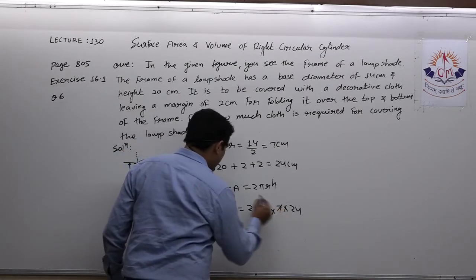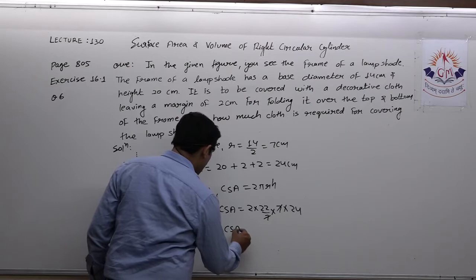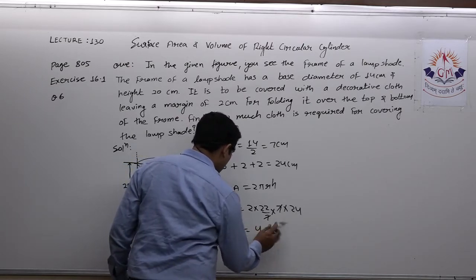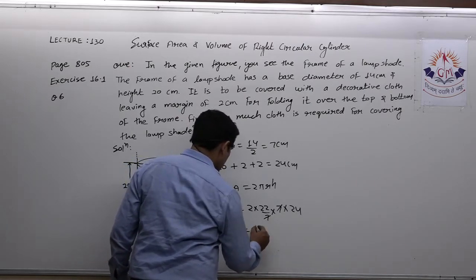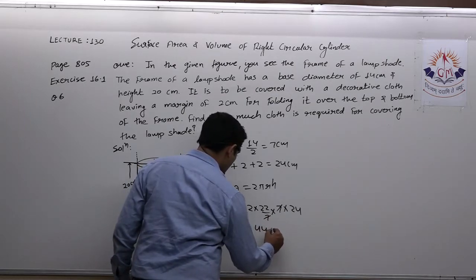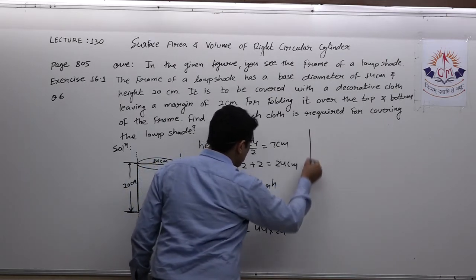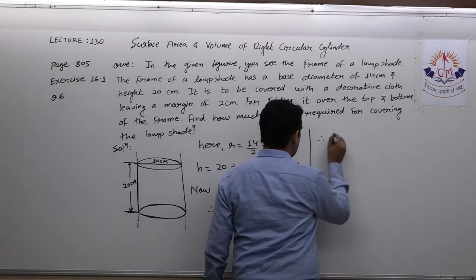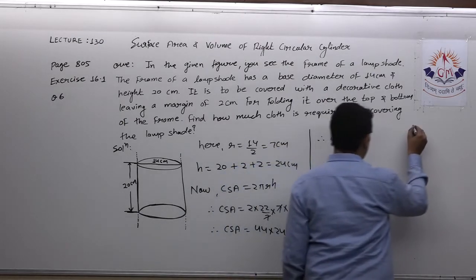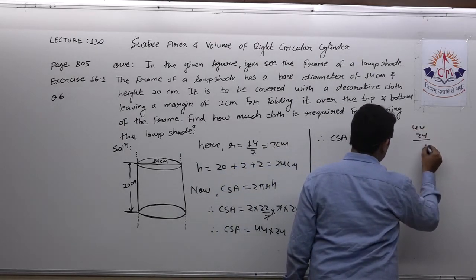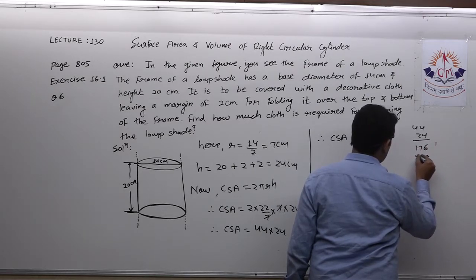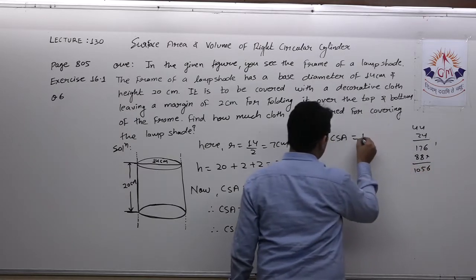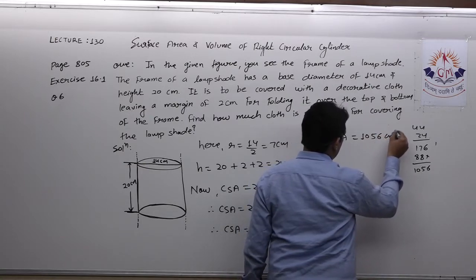So this 7 and 7 we can cancel out. Simply CSA is equal to 44 into 24. So just the product of these two gives you the final answer. Therefore, CSA is equal to 44 multiplied by 24, which is 1056 centimeter square.